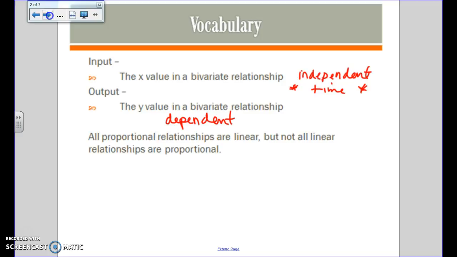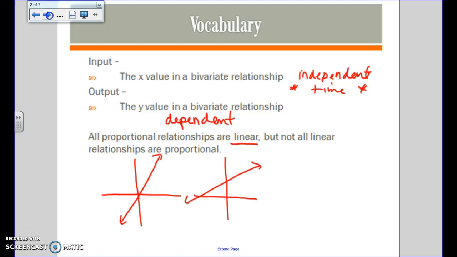One of the things that we talked about in being a proportional relationship is that it must be linear. But we also saw some graphs of lines that were linear, but were not proportional. All right, this will be proportional. It meets all the requirements of being both linear and going through the origin 0, 0.